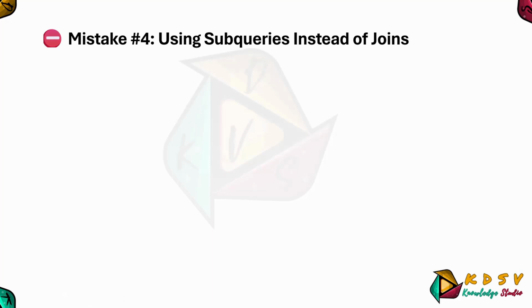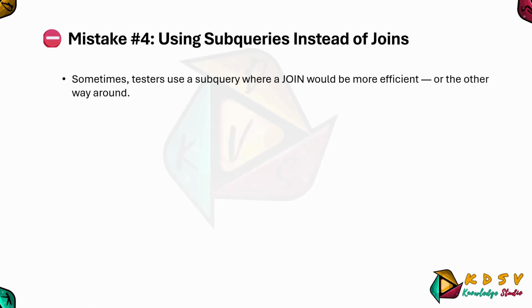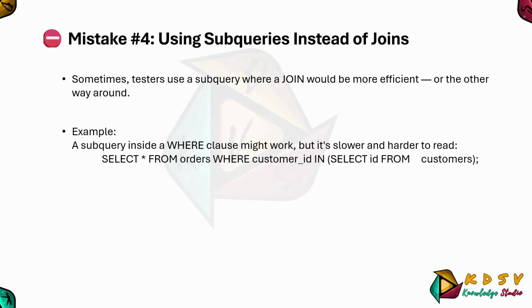Mistake number 4, using subqueries instead of JOIN. Sometimes testers use a subquery where a JOIN would be more efficient, or the other way around. For example, a subquery inside a WHERE clause might work, but it is slower and harder to read. For example, SELECT * FROM orders WHERE customer_id IN, and here is the subquery, SELECT id FROM customers.